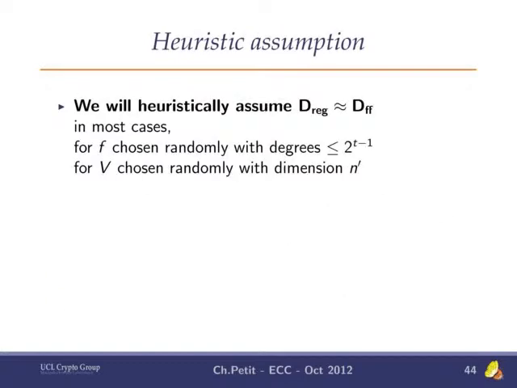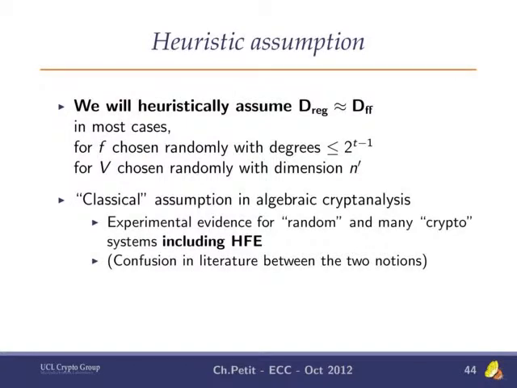So if we heuristically assume that the first fall degree is a good approximation of the degree of regularity, let's say in most cases for f randomly chosen and v also randomly chosen, then, sorry, again, this is a classical assumption in every paper in algebraic analysis.